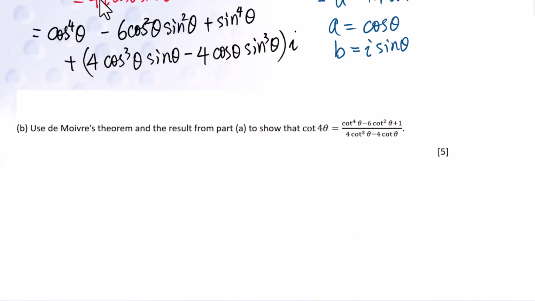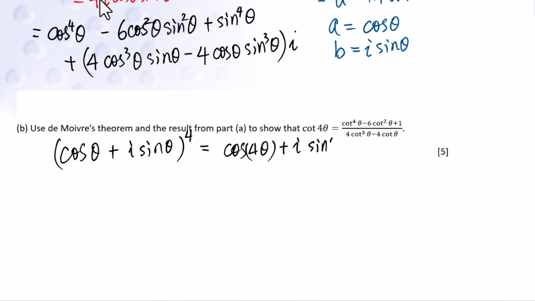B. Use DeMoivre's theorem and the result from part A to show that cotangent 4 theta equals this. Based on DeMoivre's theorem, we got (cosine theta plus i sine theta) to the fourth power equals cosine 4 theta plus i sine 4 theta.